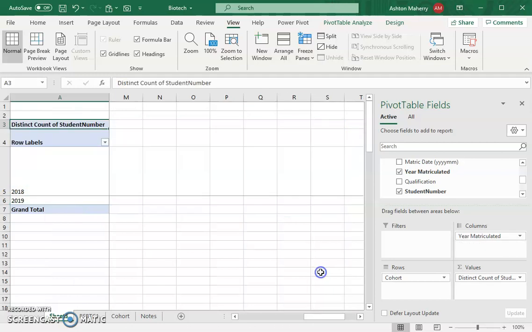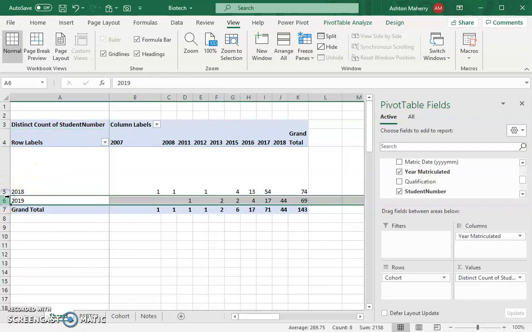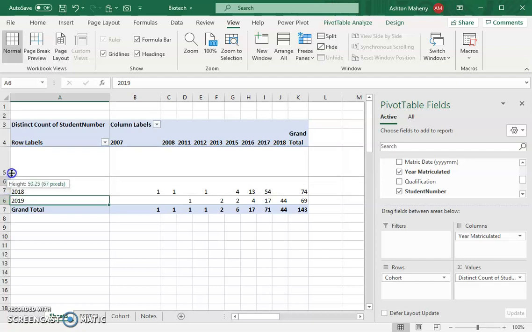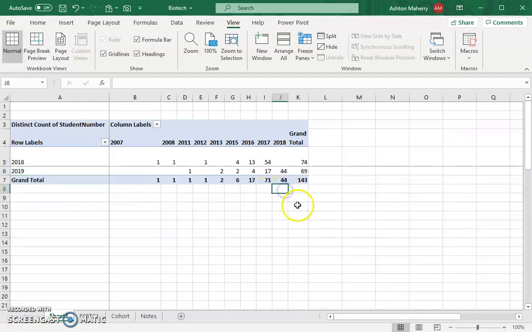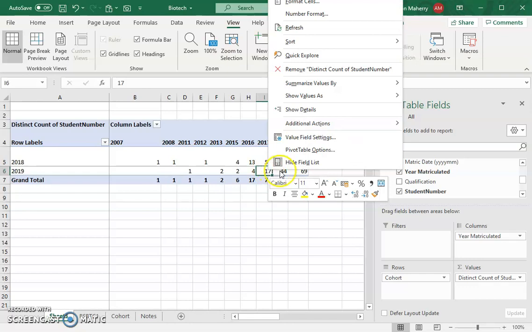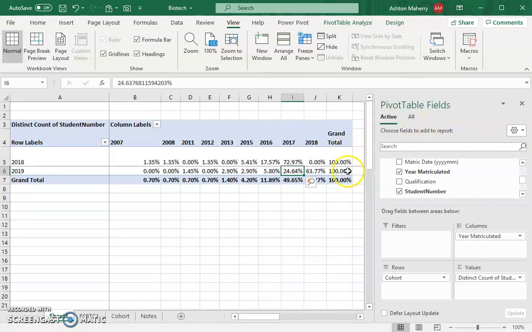So let's just quickly remove success rate. This is what I was showing you. So this is showing a bit of a trend to see if there's been any changes in the year and the profile of the students. It's a bit hard to see these numbers, so I'm going to say show values as a percentage of the row total.